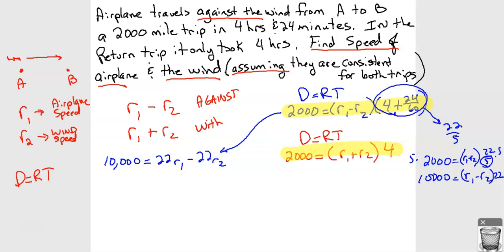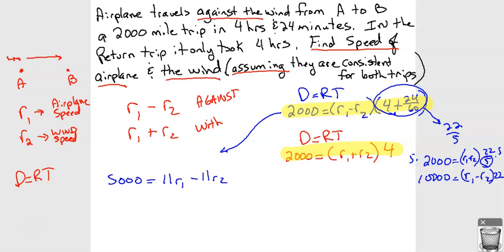Now, by the way, you don't have to do this, but notice they're all divisible by 2. So I'm going to divide them all by 2. So this is 5,000 equals 11R1 minus 11R2. Again, you don't have to do that, but it does make it a little bit easier.